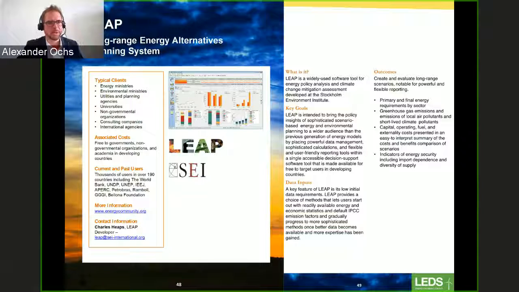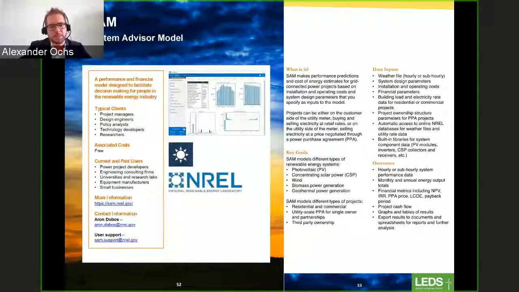This model is called SAM, the System Advisor Model. It makes performance and cost of energy estimates for grid-connected power projects based on installation and operation costs, plus user-defined system design parameters.